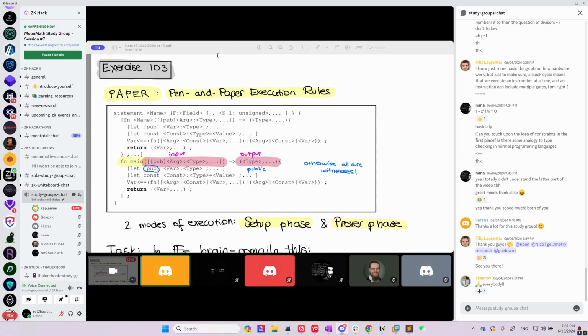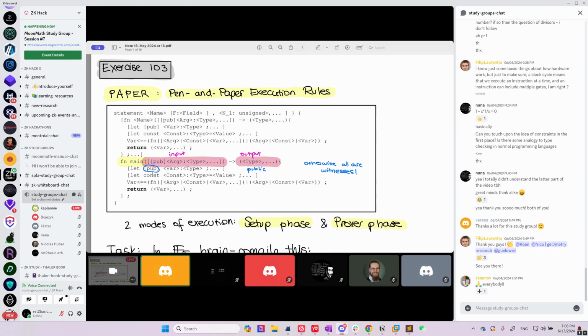The second thing that I wanted to point out is that there is a statement that we're going to have, and it has a list of functions. And we have to have a specific function called main, where the main part of the statement is going to be. So that is going to be done first, let's say, for the statement.